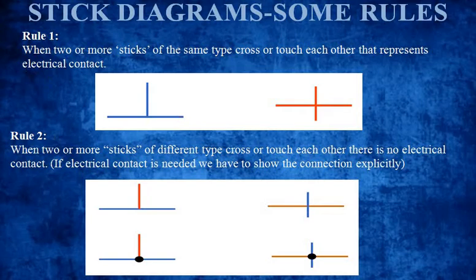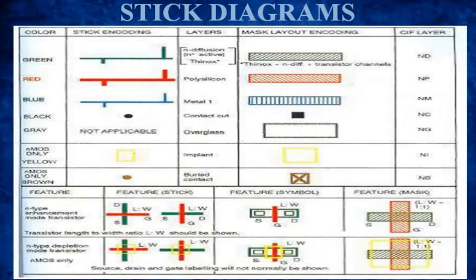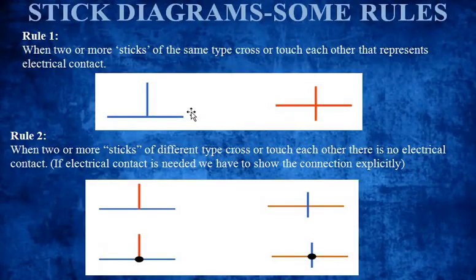And the second rule: when 2 or more sticks of different type cross or touch each other, there is no electrical contact. If electrical contact is needed, we have to show the connection explicitly, meaning we have to show the connections separately. So if 2 sticks of different types are interconnecting, meaning there is a contact, here we have to give the contact cut.